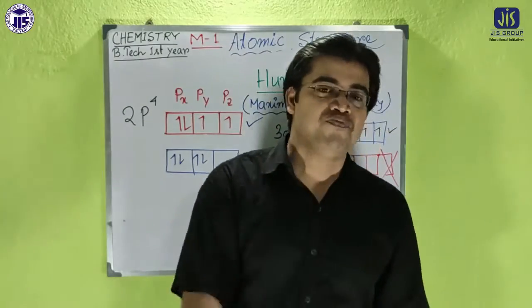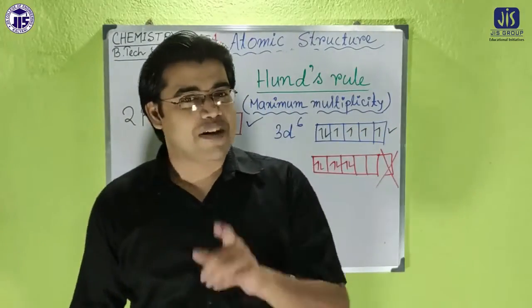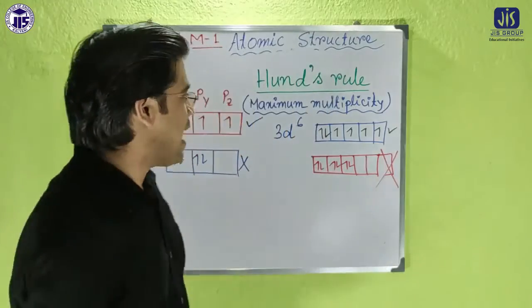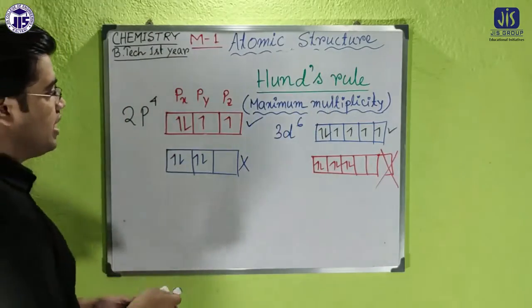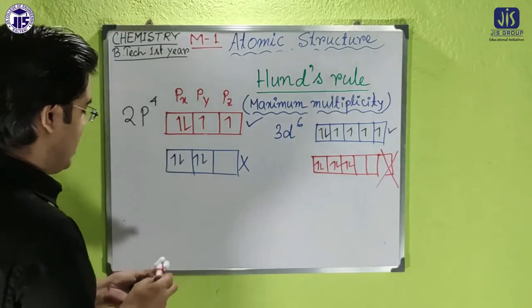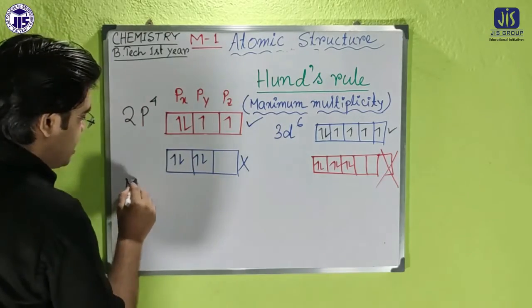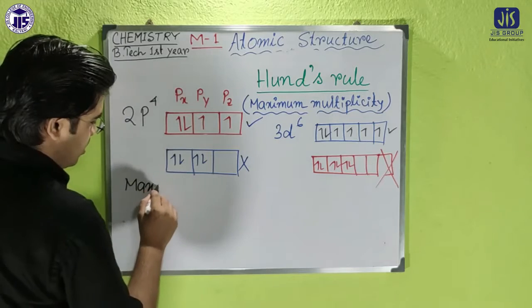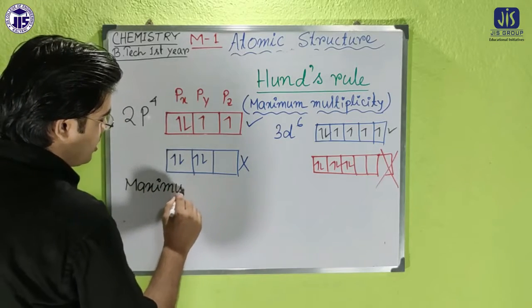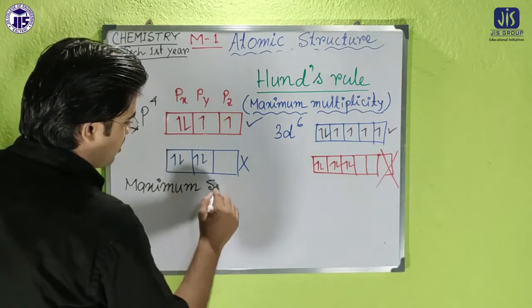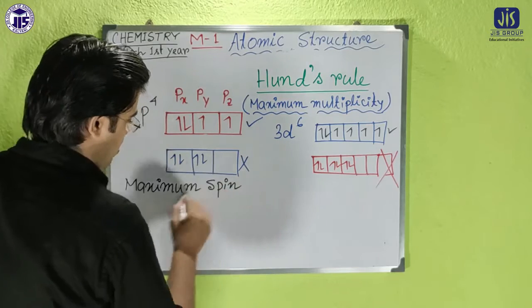You should know the meaning of maximum multiplicity. Here, maximum multiplicity indicates maximum spin multiplicity.